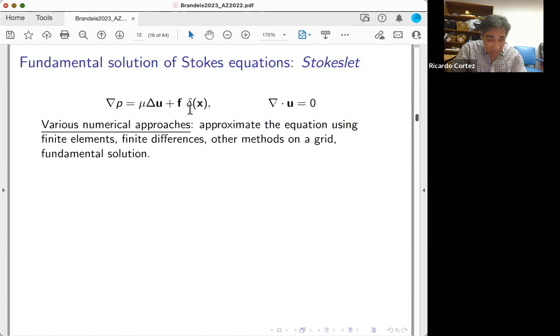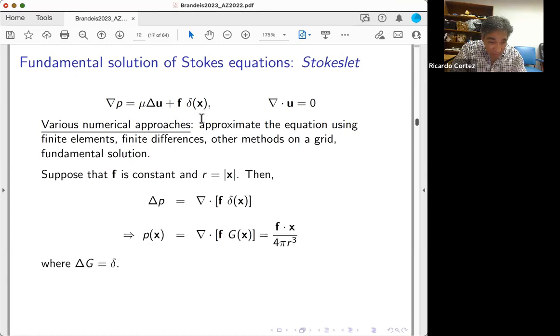So I'm going to consider a point force for the fundamental solution, and this is the incompressibility condition. The quick derivation would be to take a divergence of the Stokes equations, and the divergence of U is 0, so that leads to an equation for the pressure.